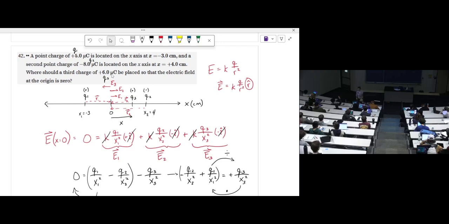Okay, yes. Can you explain your logic on how you know that 0 has to equal the sum of the other 3 charges? Because it says that we want the electric field at the origin to be 0, right? So the electric field at x equals 0, which is my origin, equals 0, just based on what we're trying to solve for here, and that leaves me with the single unknown x3.